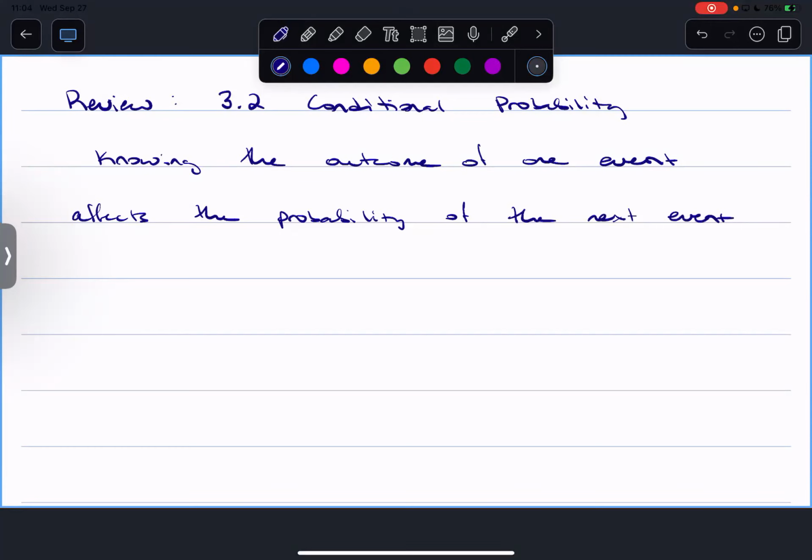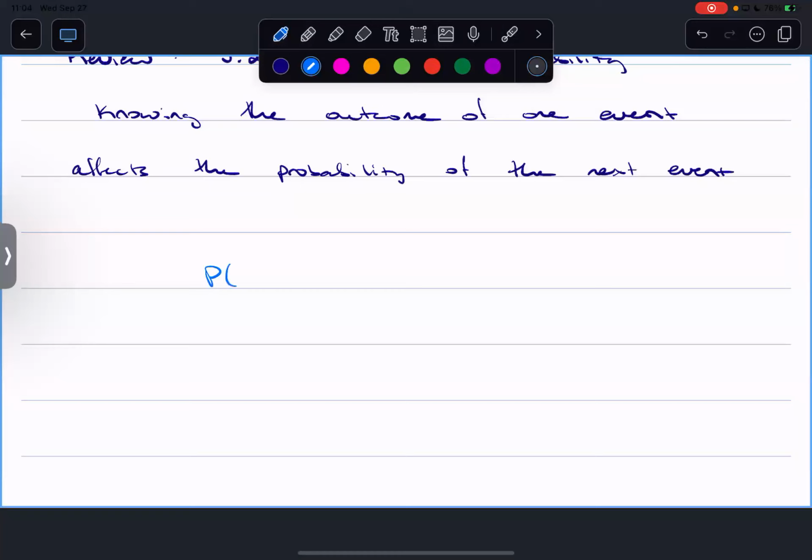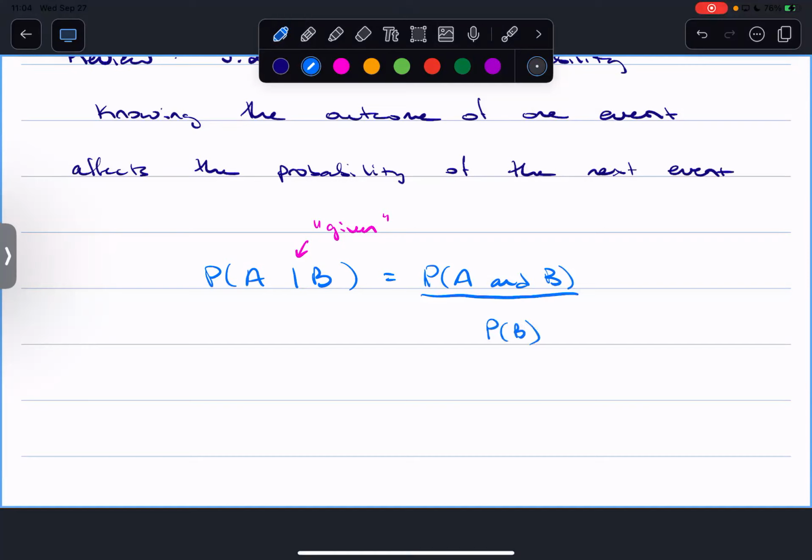So what did we do to show that mathematically? We said, okay, well, we can have the probability of A given B, remembering that this vertical bar denotes given. And we said the formula is going to be, well, that's the same as the probability of A and B divided by the probability of B. How we read it is B had to happen before A happened.